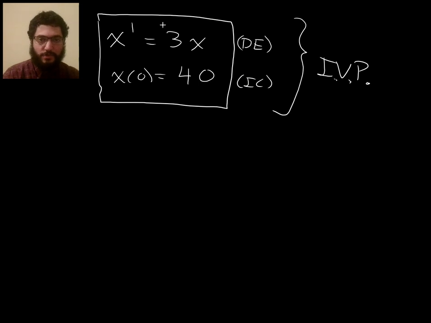So given only the differential equation, we got a general solution, a whole family of solutions. Then given the full initial value problem, there was a particular solution that we could use to make predictions. So hopefully that makes some intuitive sense. In order to predict the state of a system, if what you know is how the system changes, you need to also know how the system started out, right?